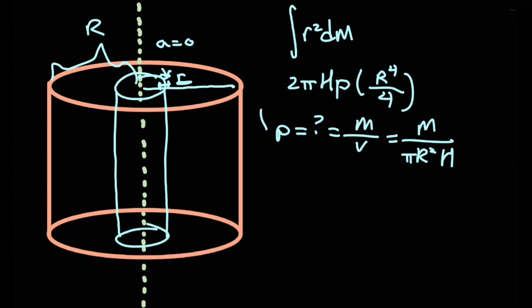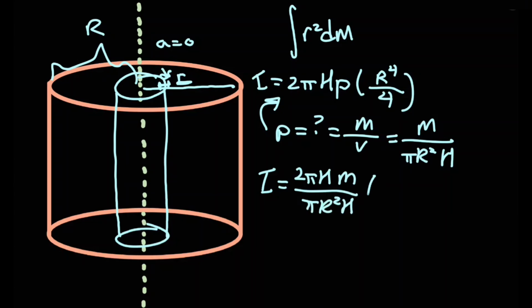From here, we can plug in to the top. So remember that this is what I is equal to. So we know that I is equal to 2 pi h. We're going to input our p value here, so it's M over pi R squared h. And then we have this 1 over 4 R to the 4th term here. We're going to do some canceling.